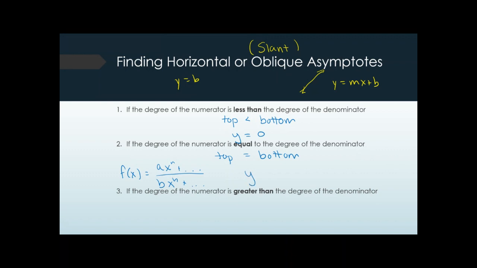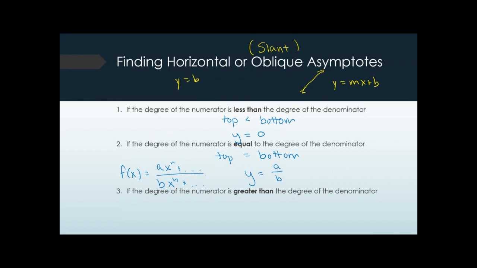Then your horizontal asymptote is y equals a over b. So ignore everything else. You just look at those leading terms. They have the same degree, so they cancel, like x squared over x squared. They cancel out, and all you are left with are the coefficients. So again, you don't even really have to do any thinking. The coefficients tell you the asymptote. So 2 cases, no thinking is really involved. You just have to memorize the form and what to do.